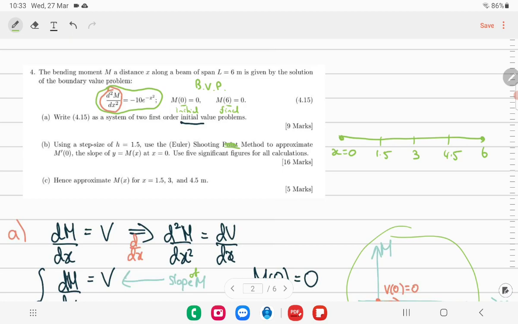It's not even a rod, it's a beam, sorry. So m is equal to 0 here, and what you'd call this is m1, m2, and m3 if you were using Euler's method. And then you're trying to hit 0 here. So we have to go down to what we could call m4.